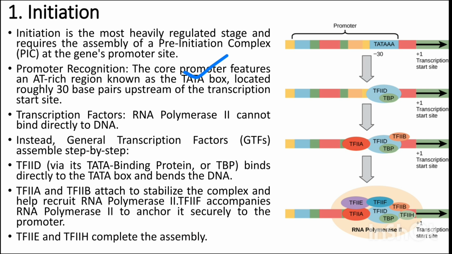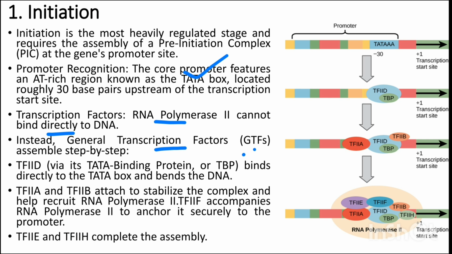RNA polymerase 2 cannot bind directly to the DNA. Instead, the general transcription factors or GTFs assemble step by step. RNA polymerase actually helps in the process of transcription, but it cannot bind directly to the main promoter sequence.